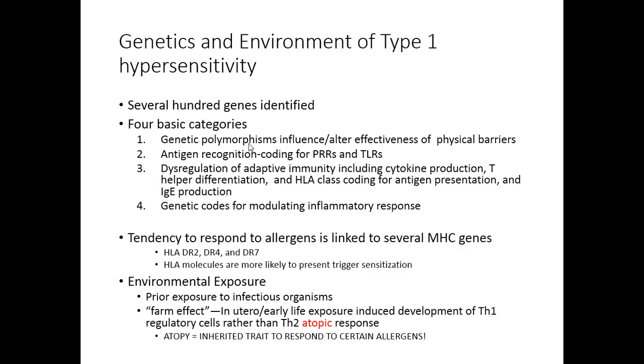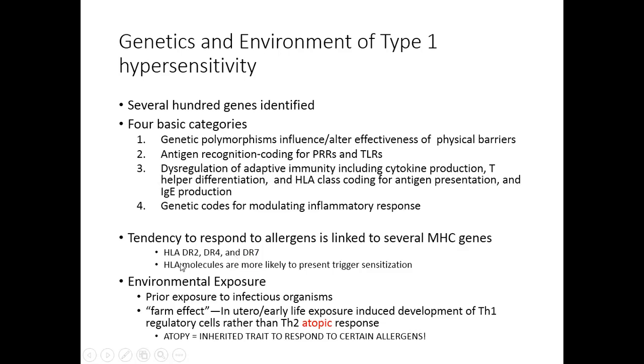Just as a general note, I said there were hundreds of genes identified, but the tendency to respond in this hypersensitive way is linked to several of the major histocompatibility genes, the HLA DR2, DR4, and DR7, if we remember. Those were on the loci of the chromosome.